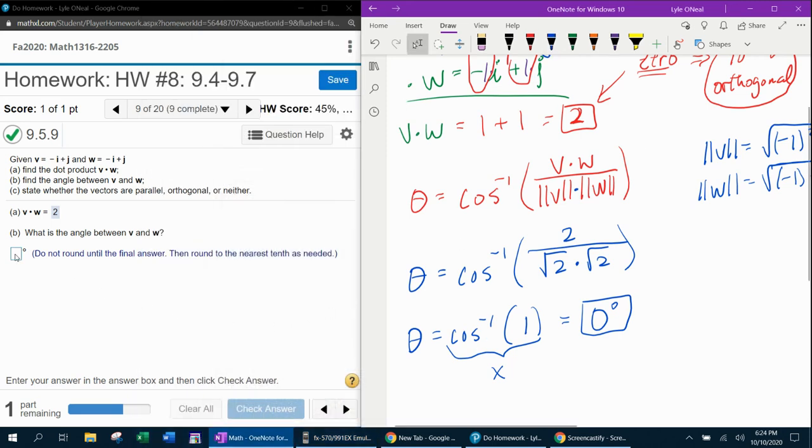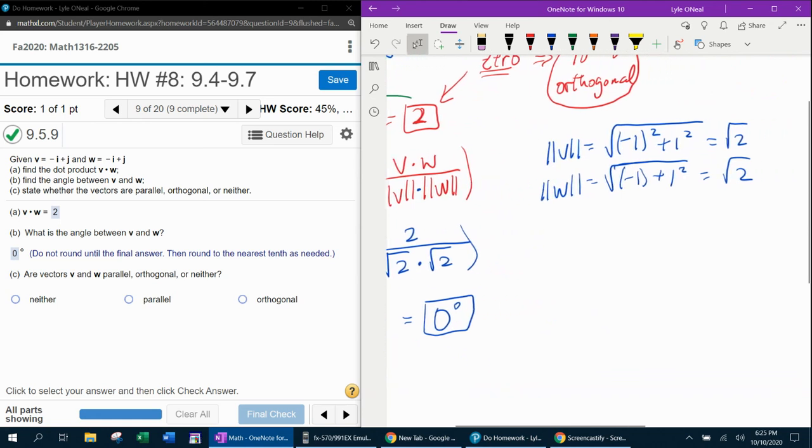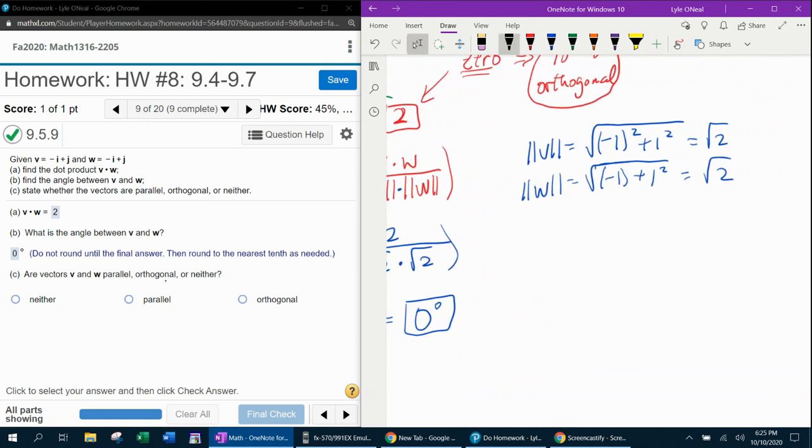So the angle between should be 0. And the vectors are what? Well, let's see. If the angle between them is 0, that means they're going to point in the same direction. Okay, check this out. If I sketch a graph of each vector, since they're the same vector, they're both going to go negative 1 and then up 1.